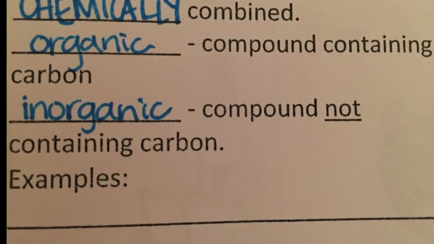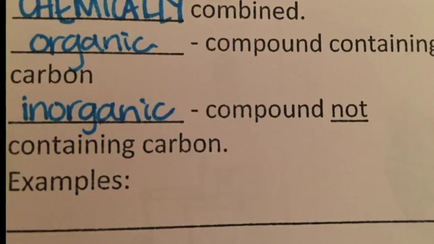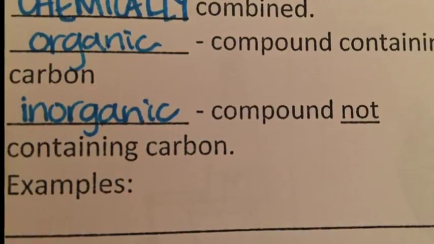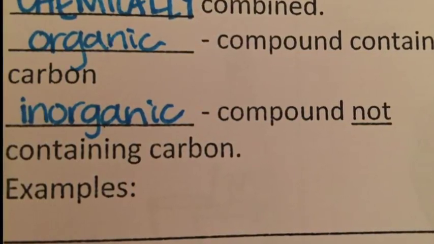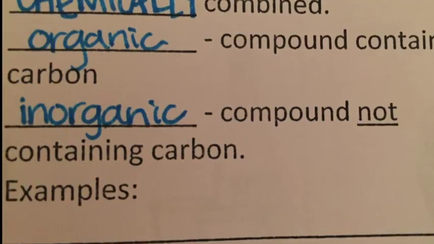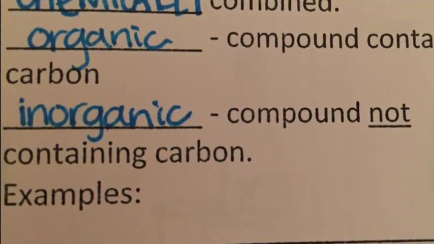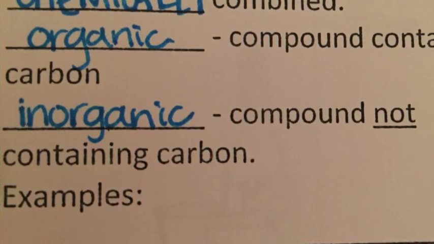And when we talk about compounds, we have two different types of compounds. And we've talked about those already with our words worth knowing. But the two categories of compounds that we have are organic compounds, which are compounds that contain the element carbon, or inorganic compounds, meaning not organic, and those are the compounds that do not contain carbon.